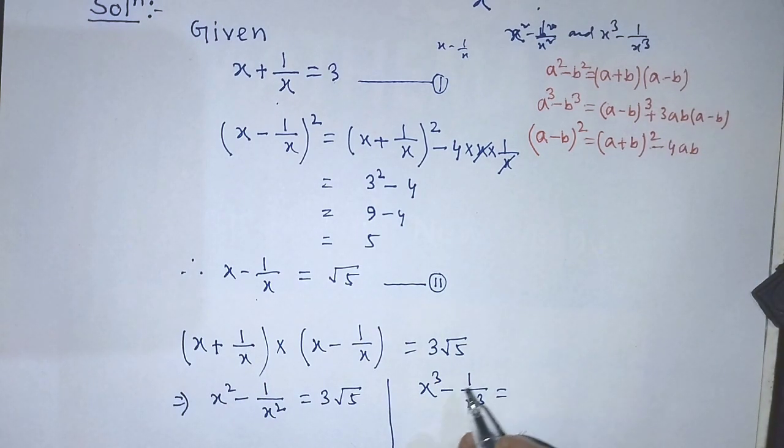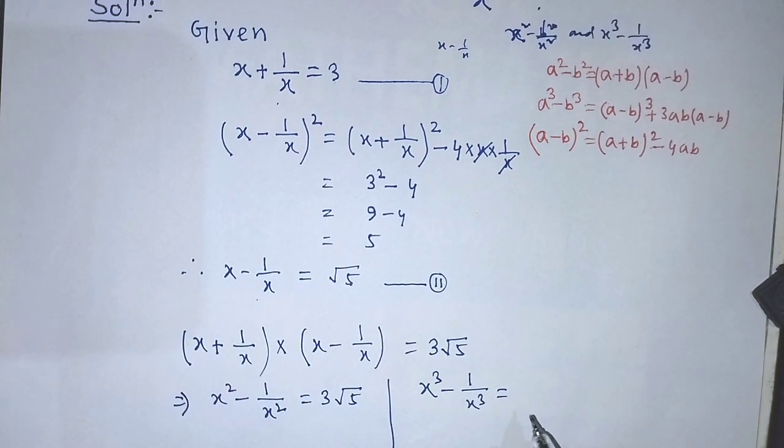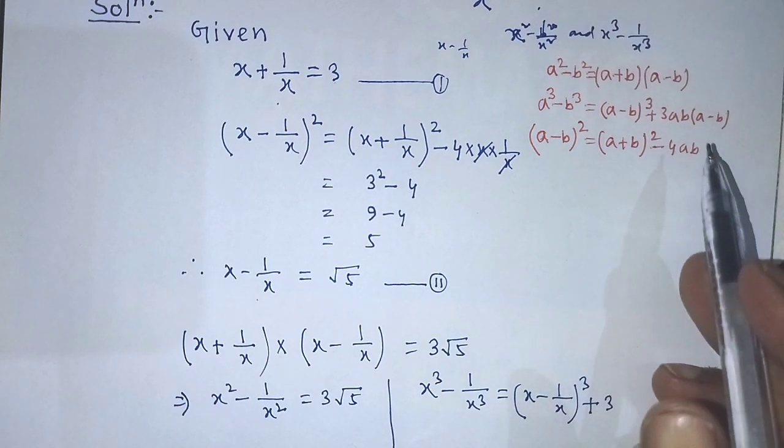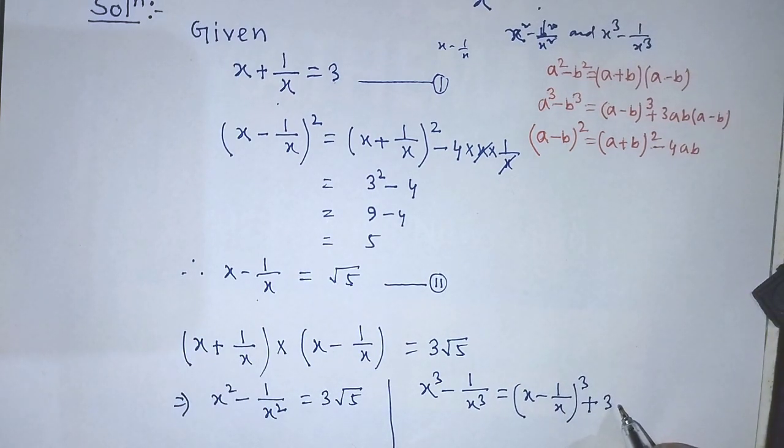So we can write from this algebraic expression x minus 1 over x whole to the power 3 plus, in the place of 3ab, 3 into x into 1 over x into x minus 1 over x.